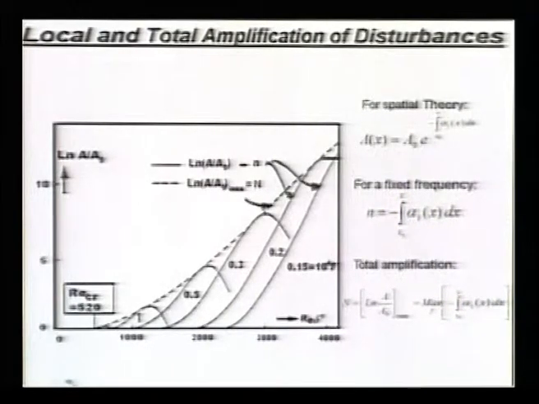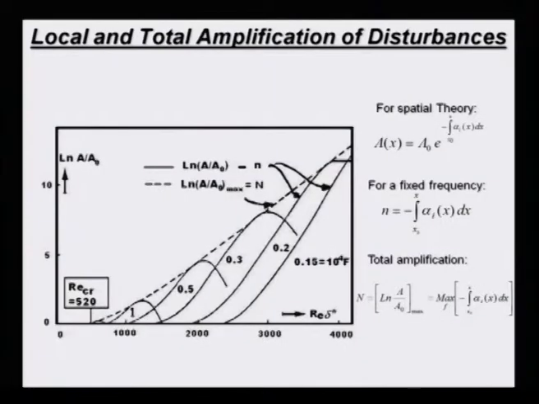So, we talk about growth for a fixed frequency, and we can talk about a total amplification, as if, as we are going from one station to another, this amplitude is going to translate into the next frequency, and so on and so forth. Then your disturbance has grown along the dotted line.